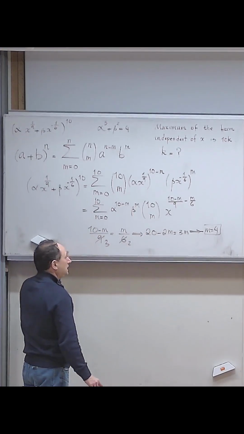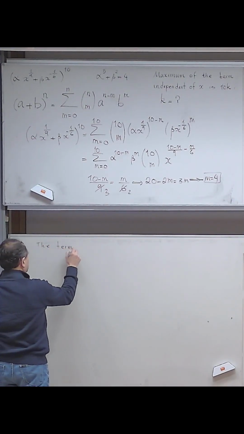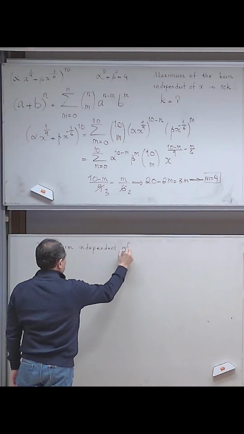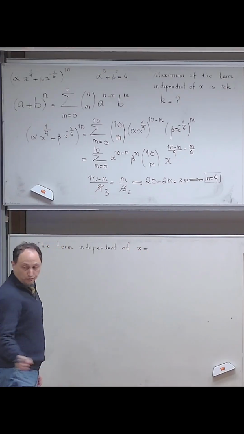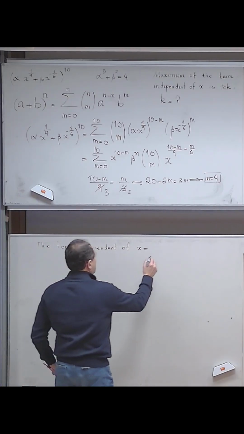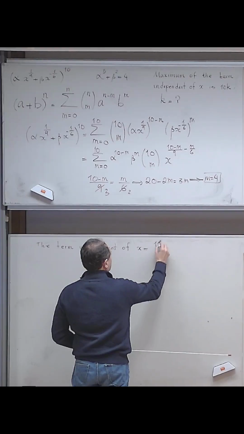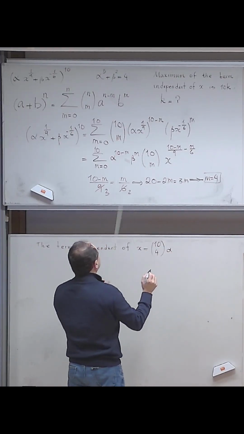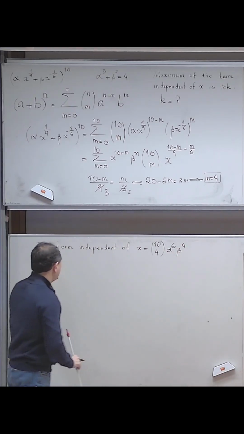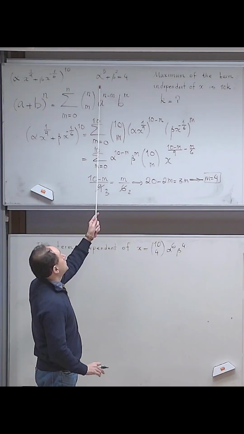So the term independent of x is equal to, I put 4 here, alpha to the power 6. So let me write this one first, if you don't mind. So this is 10 choose 4, alpha to the power 6, beta to the power 4. So this is the term independent of x, without considering this condition.